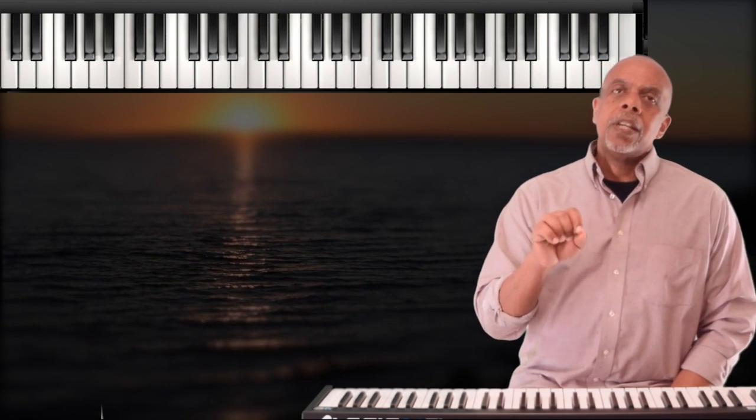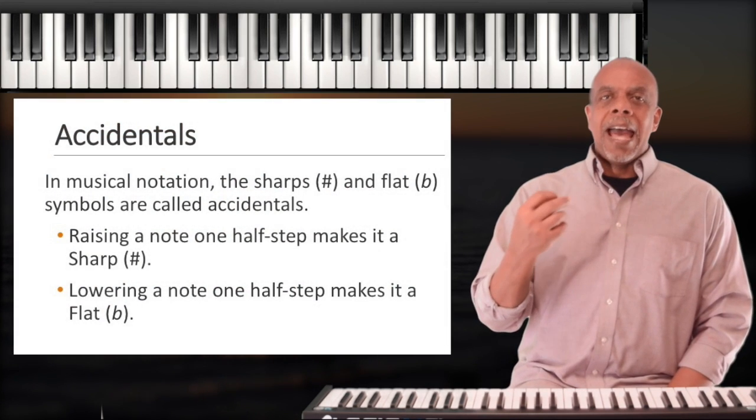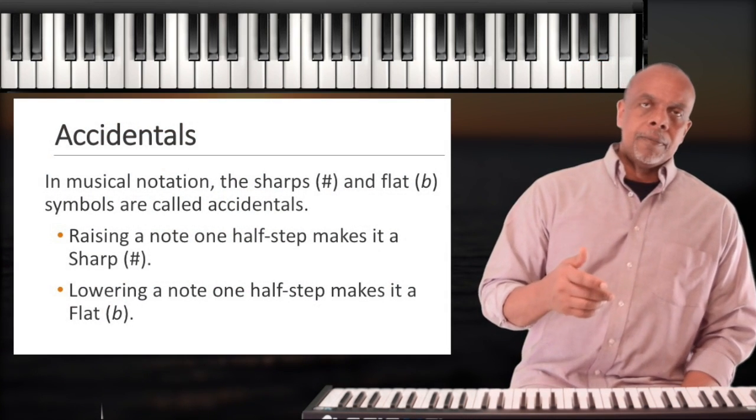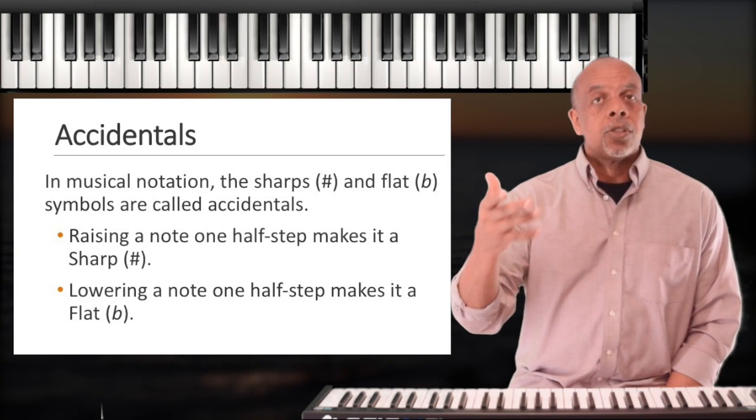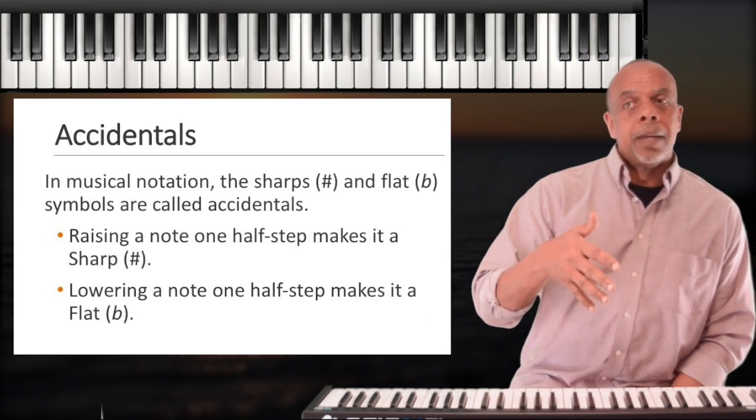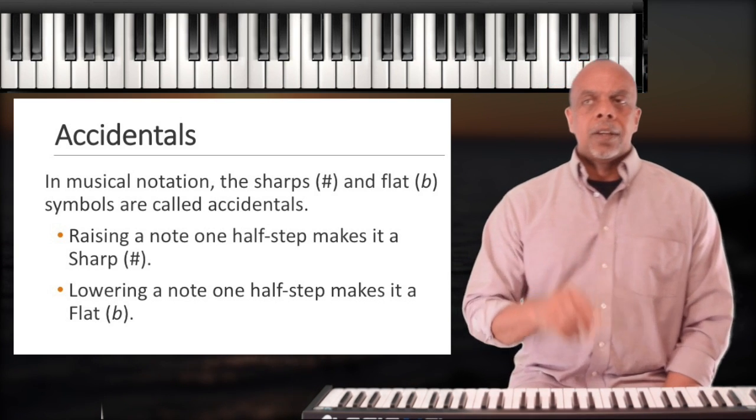When we look at our scales, the thing that's very important to understand is what we call accidentals, or sharps and flats. When you raise a note a half step, that makes it a sharp. If you lower it a half step, that makes it a flat. I'll explain.